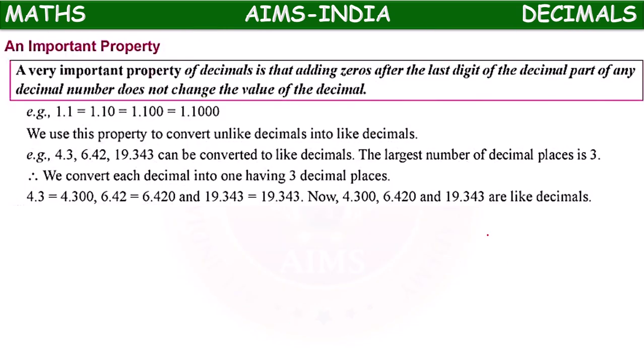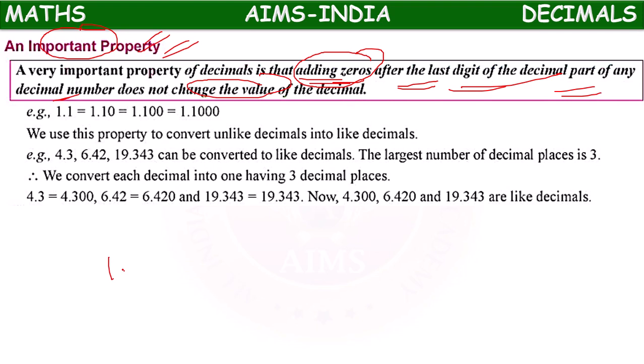So next. In decimals, we have to learn about one important property. That is, adding zeros after the last digit of the decimal part of any decimal number does not change the value of the decimal.